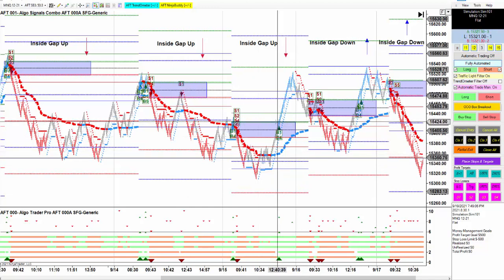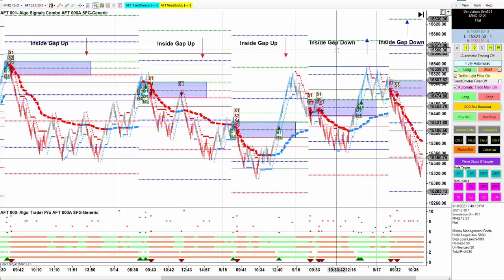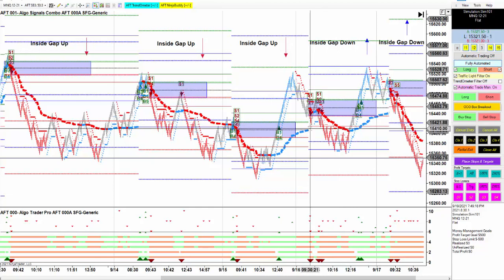We have other filters. We have trend filters as well. If this agreed with the trend, we could have taken that later in the day. Now, on Thursday, we had an inside gap down. That means the market gapped down from the prior day's close, but still inside the prior day's range. The tendency there is that it would still fill the gap, but the bias is now going to be to the upside. So basically here the market closed up in here the prior day.